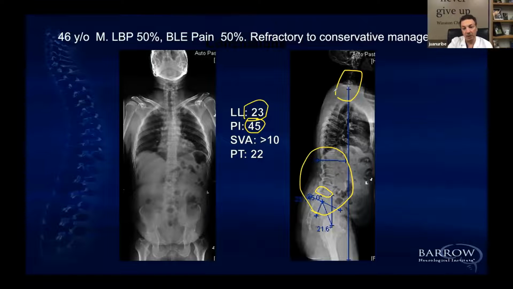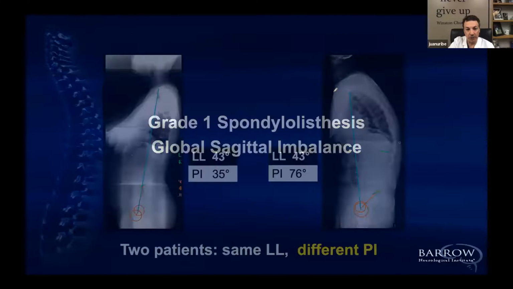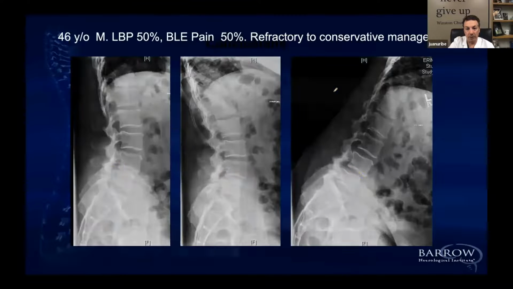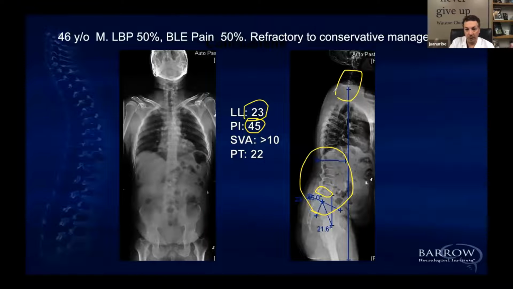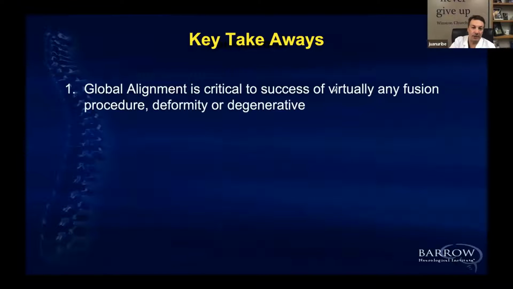But you see here, the point is that you have to be careful not to fall into this group, but also not be too crazy and overreact when you see these images. So you need to be on the bus. The takeaway message is that global alignment to me is critical.